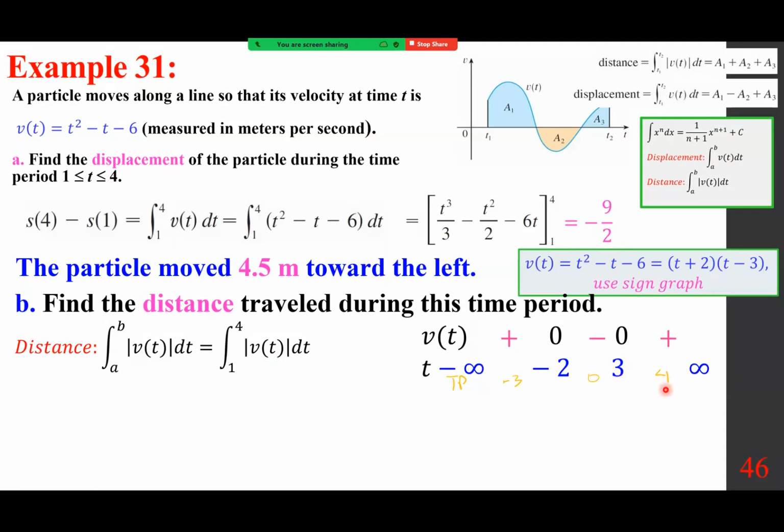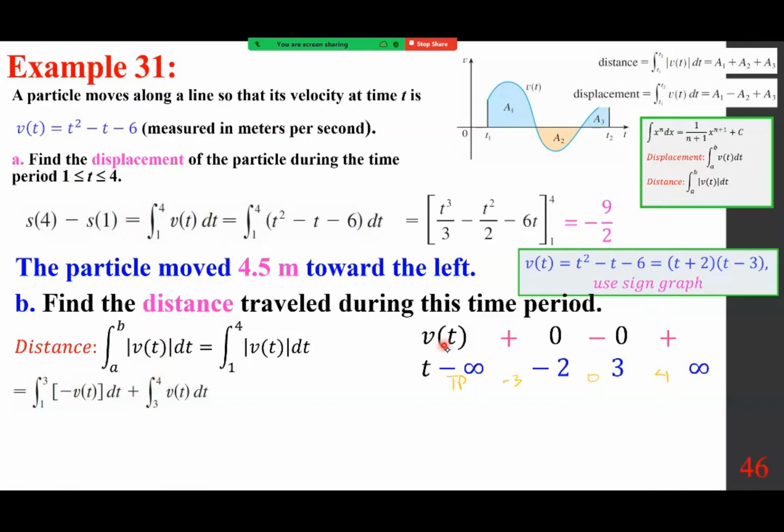From 3 to 4, because I'm just going from 1 to 4, I'm going to use the same function. So pay attention to this. To the left of 3, and why do we stop at 1? Because this stops at 1, okay? So to the left of 3 is negative, so 1 to 3. To the right of 3 is positive, 3 to 4, because it stops at 1. So I wanted to make sure this is understood.